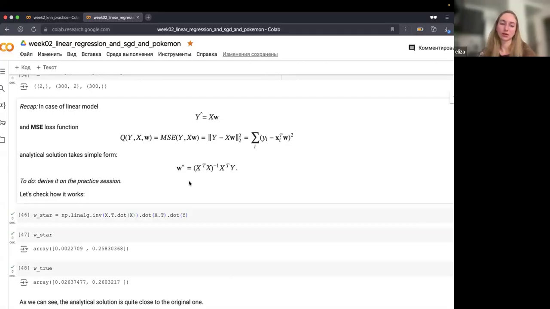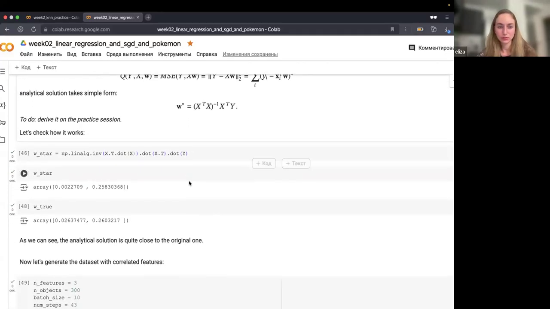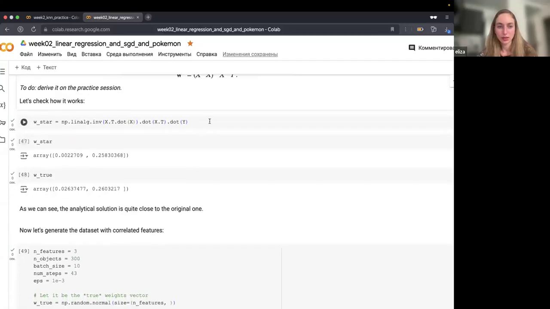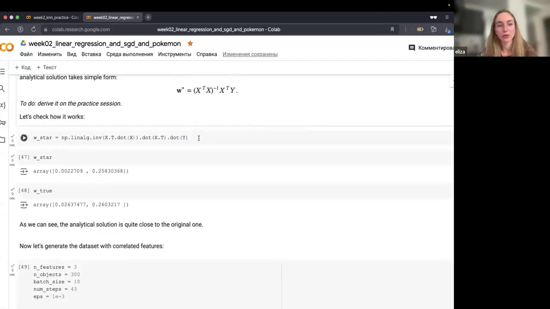But let's try to calculate this expression. You use the generated X and target.